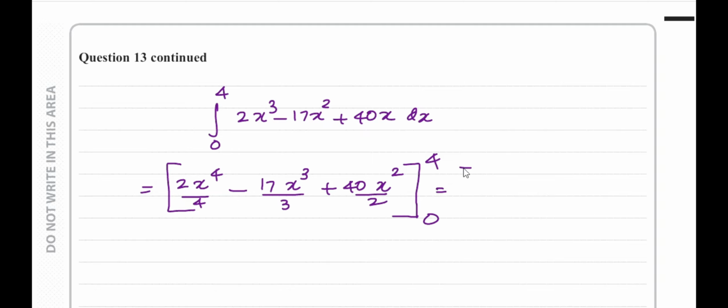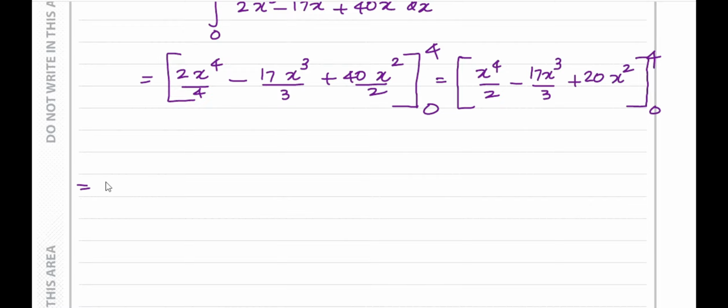Simplifying this, we get x to the power of 4 over 2 minus 17x cubed over 3 plus 20x squared between 0 and 4.